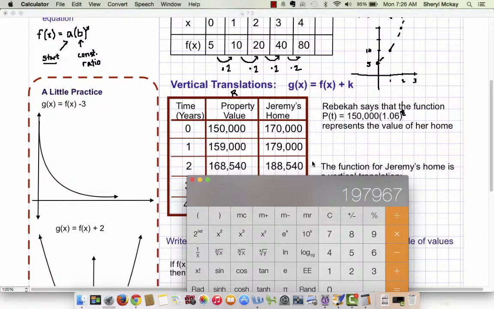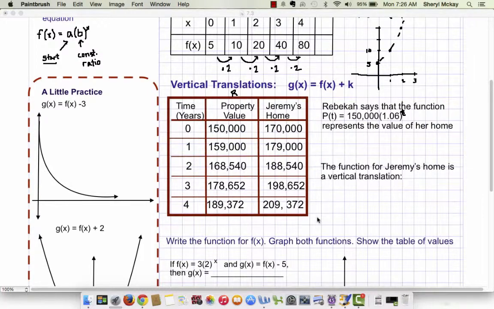So it looks like my percentages are going down. So this does not have a constant ratio. Jeremy's home does not have a constant ratio. So what could we do to represent Jeremy's home?